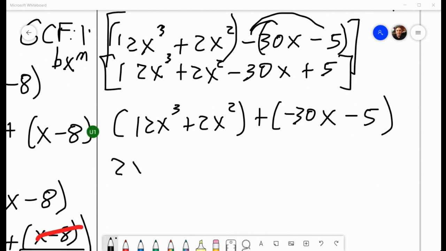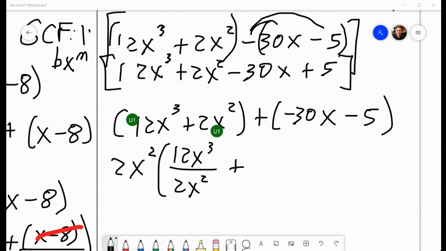So we can take that out. So we have 2x squared. And now we have to divide to see what's left over. We'll get to the other part, don't worry.